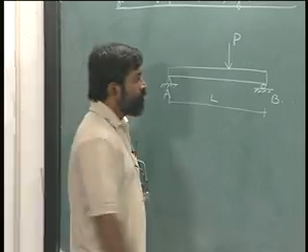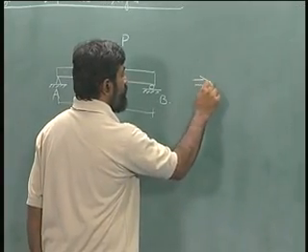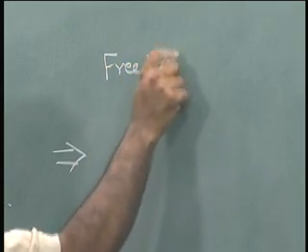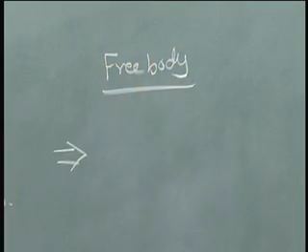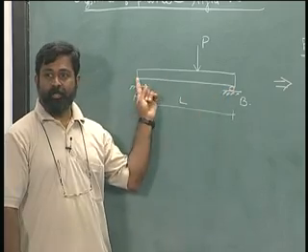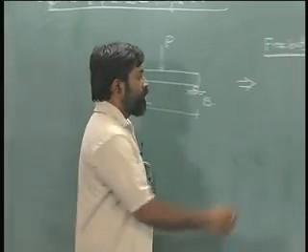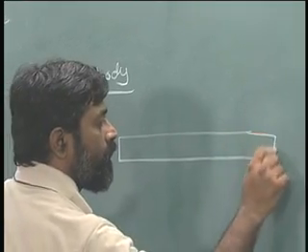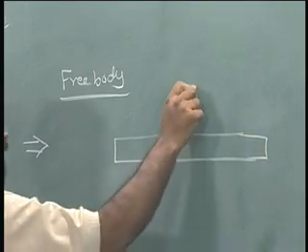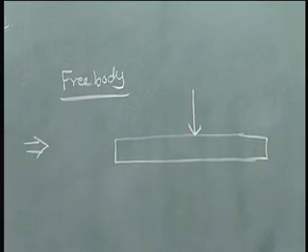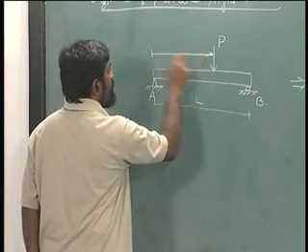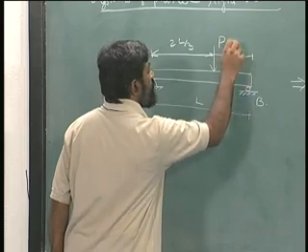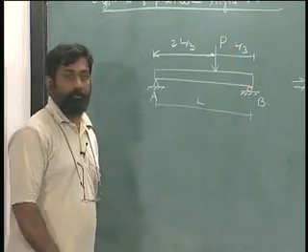Okay. So, the first exercise that we have to do is draw the free body of this. Remember, this is a single rigid body that we have here. It is not going to be difficult for us to draw the free body. Let us say this distance is 2L by 3 and this distance is L by 3.